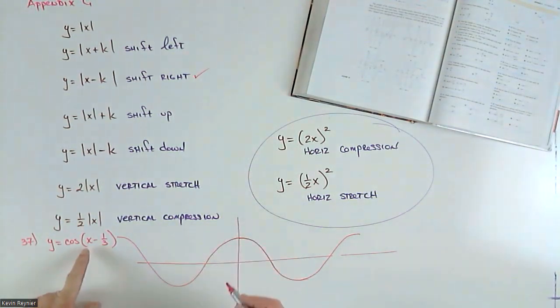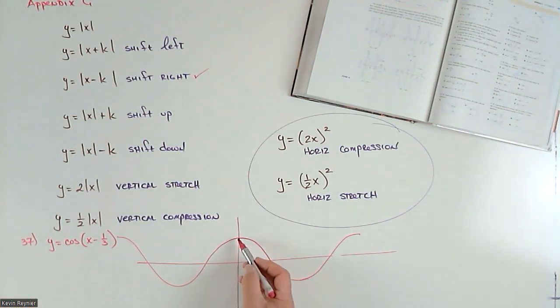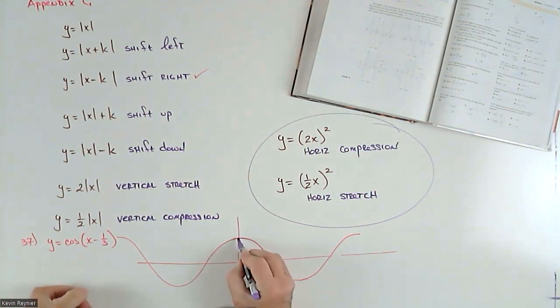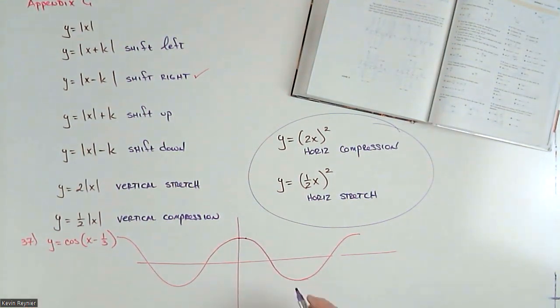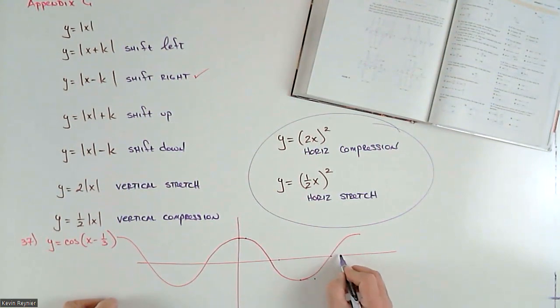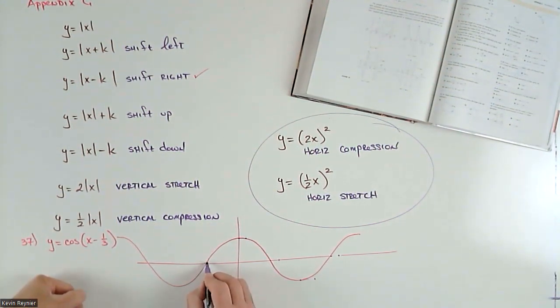But if you shift the graph to the right 1/3, then that means this point moves over here 1/3. That point moves here, and this point moves here, and each of the remaining points moves over the same way.